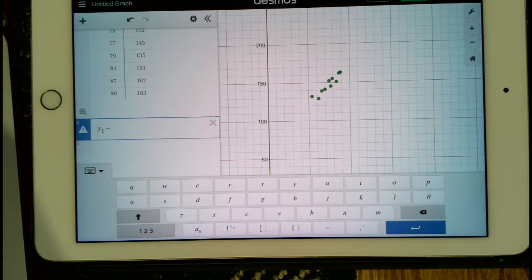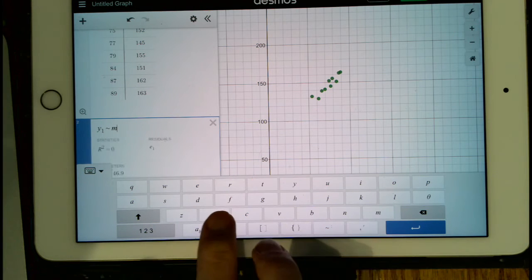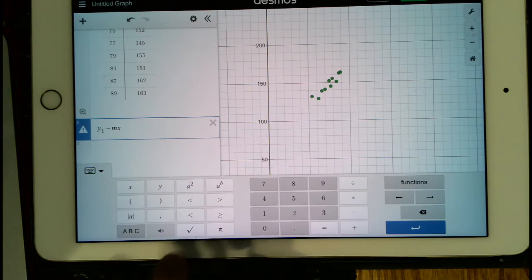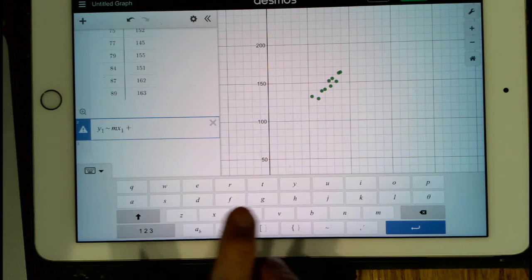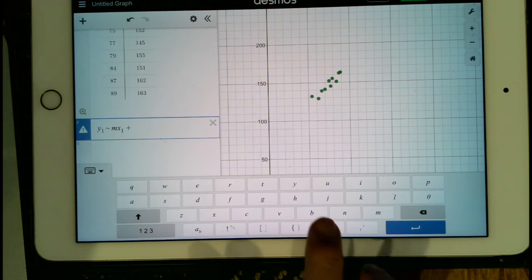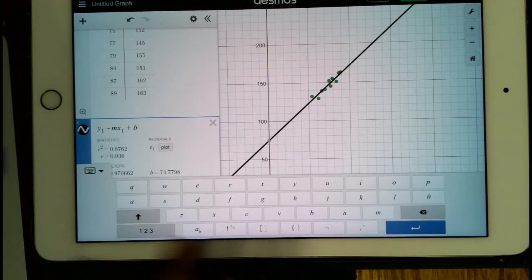And then we're going to type in mx1 plus b. So I'm using my ABC button again to get that all in there.